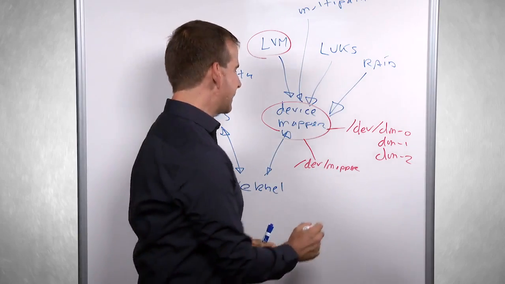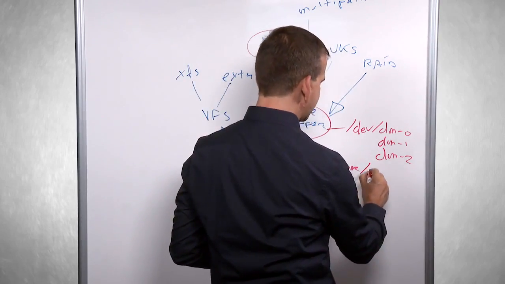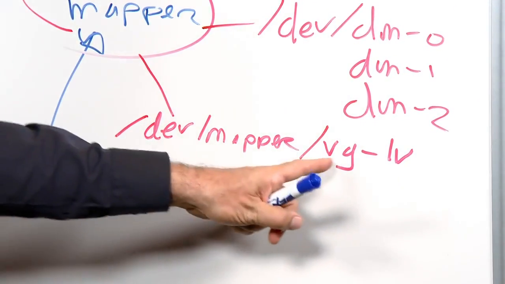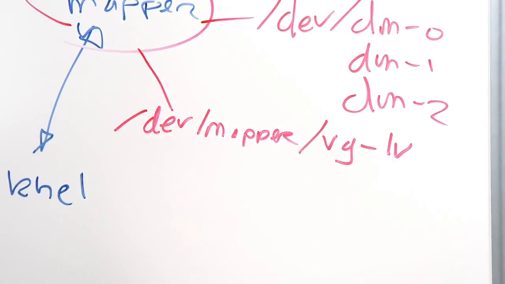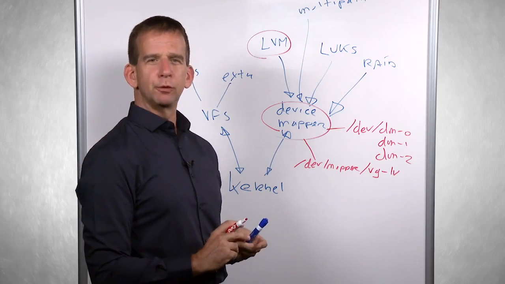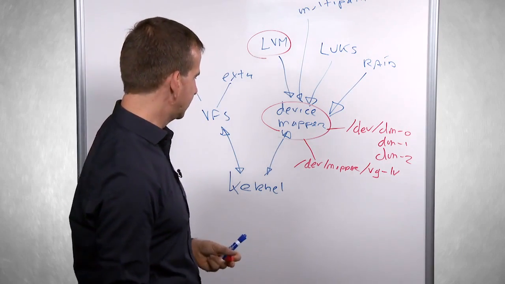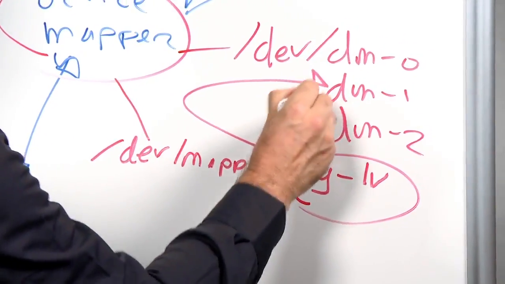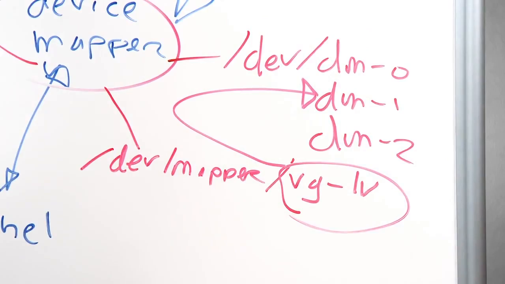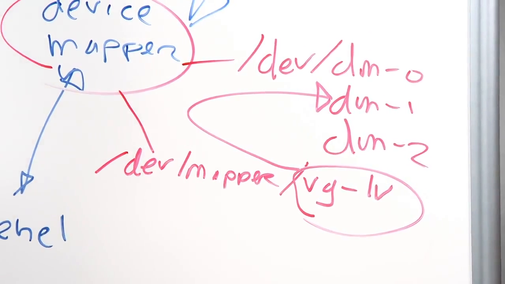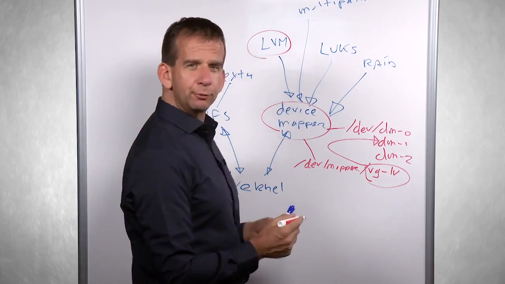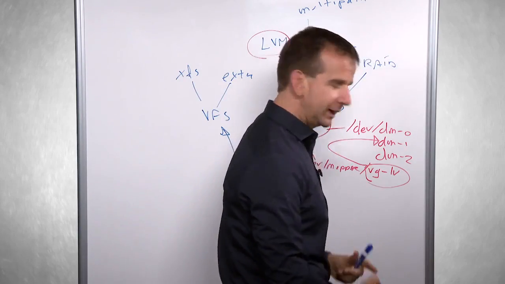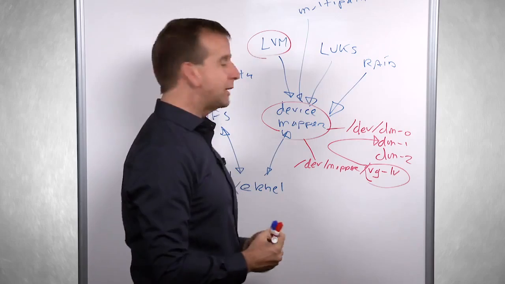Now, what we see in dev mapper is that LVM volumes get a name that has a structure of VG-LV. So all of your LVM logical volumes, you can find them in the dev mapper directory. And this volume name basically is just a symbolic link to one of these dm-anything devices. There's an alternative way for LVM naming as well, but this alternative way doesn't really relate to the device mapper.